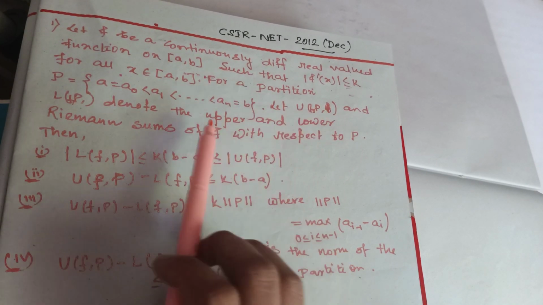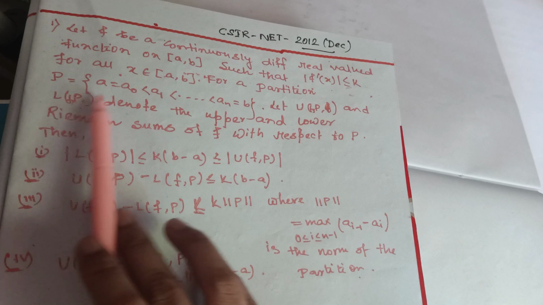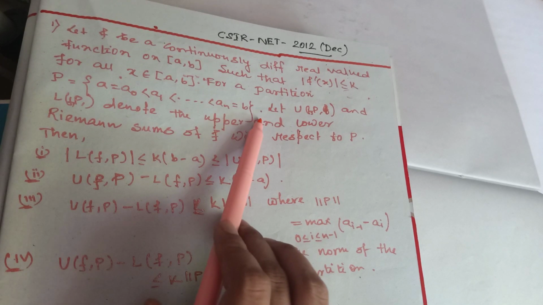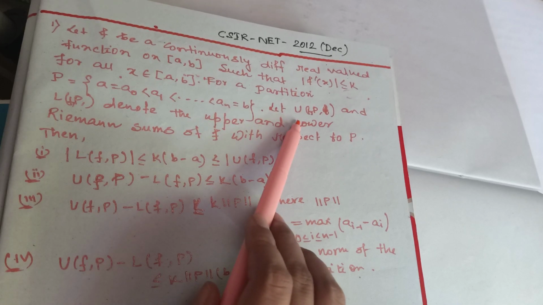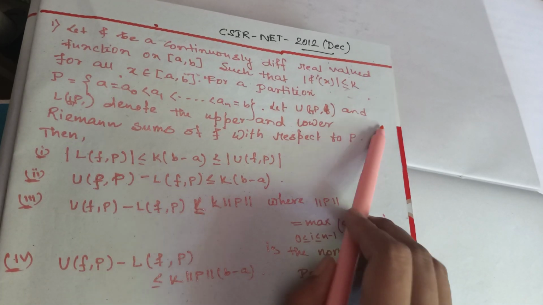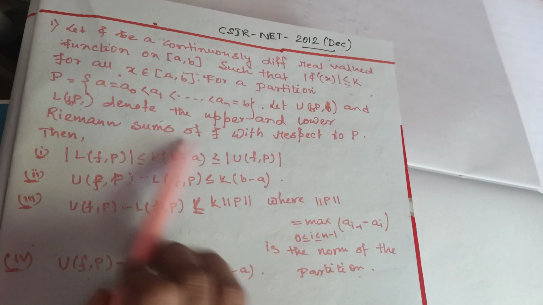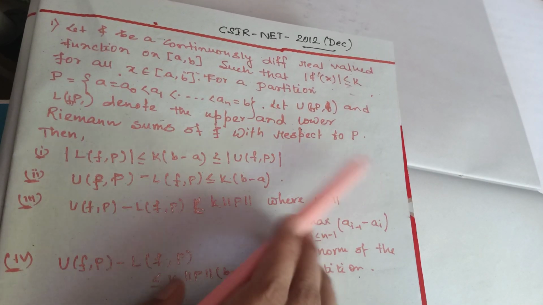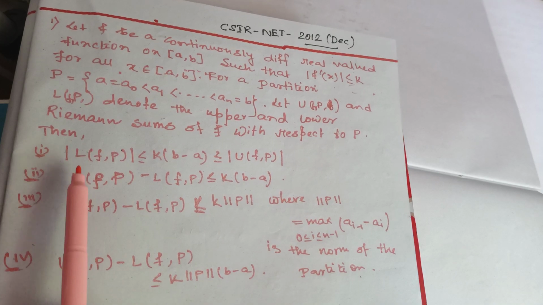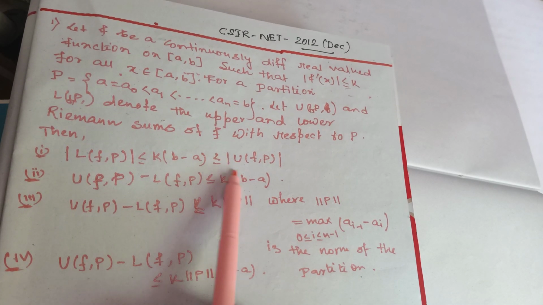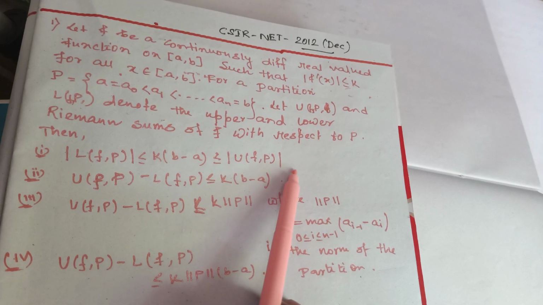For a partition P = {a = a0 < a1 < ... < an = b}, let U(f,P) and L(f,P) denote the upper and lower Riemann sums of f with respect to P. Then the first option: |L(f,P)| is less than or equal to K(b - a) is less than or equal to U(f,P).